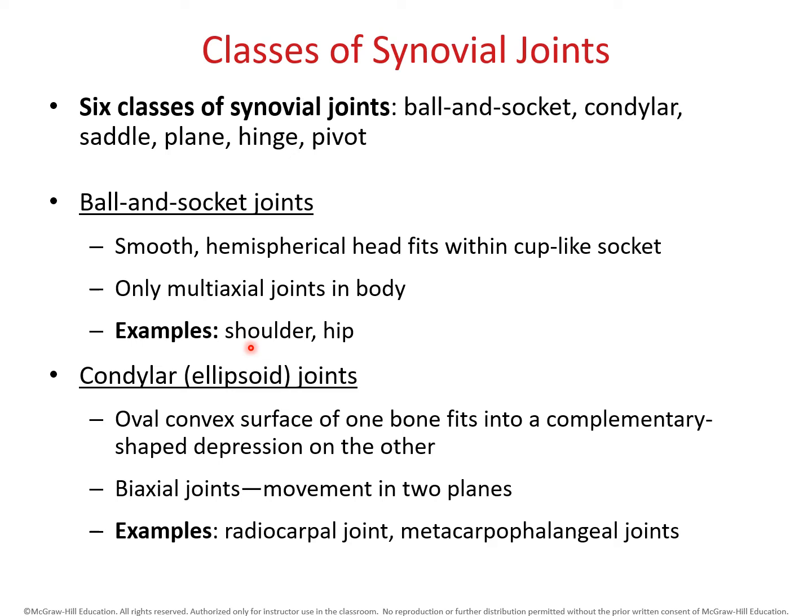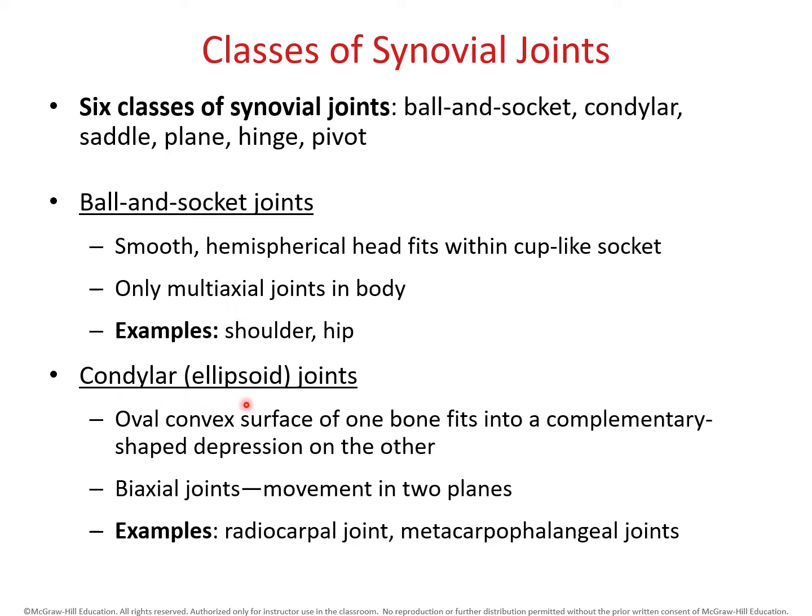Basically, multi-axial also means that you can do circular movements at those joints for the most part. So ball and socket joints have the highest range of motion, and they're considered multi-axial. You can do multiple types of movements around an axis at that joint.